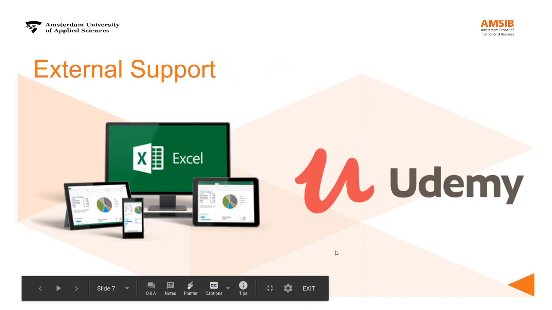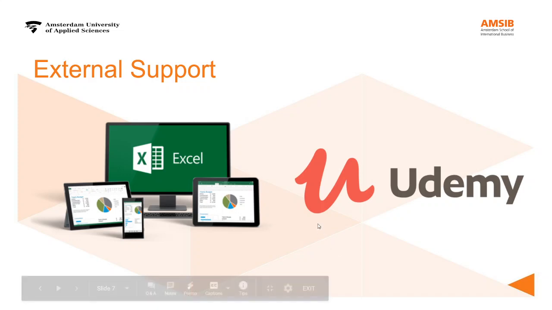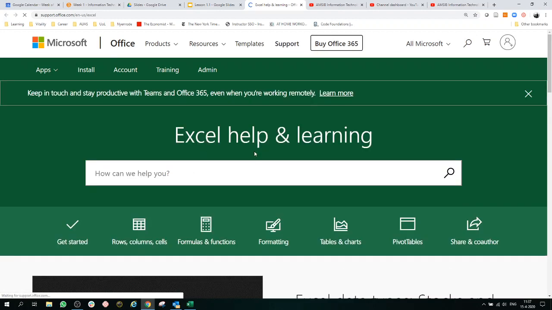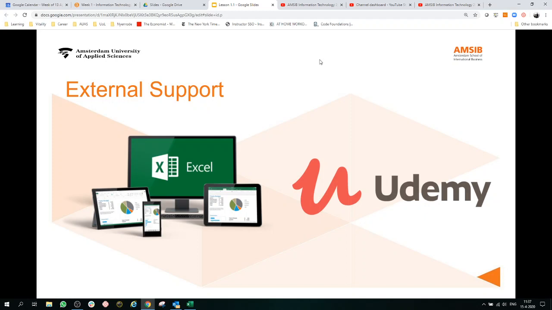Let's go back. We have two external supports. One is Microsoft Excel official support. Here you can type in any questions or any functions and you will get the official explanation from Microsoft. So I would use that as an external support.